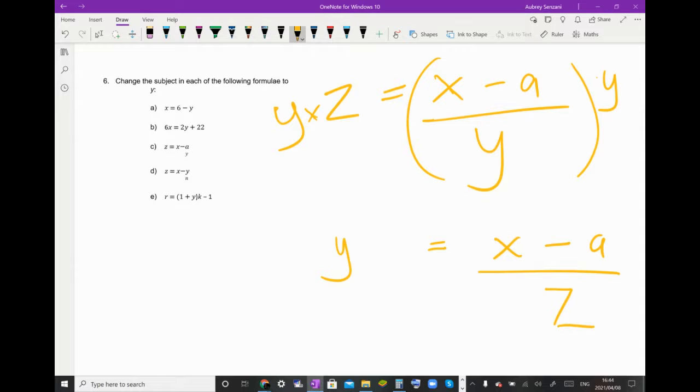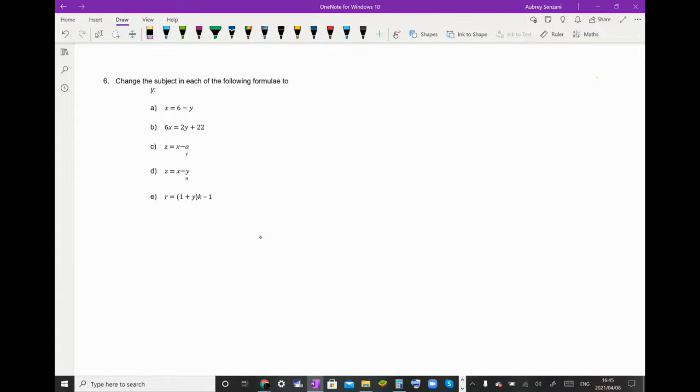So your X minus A divided by Z is then equals to Y. Cool. So then we have dealt with C. We now need to move on to D.